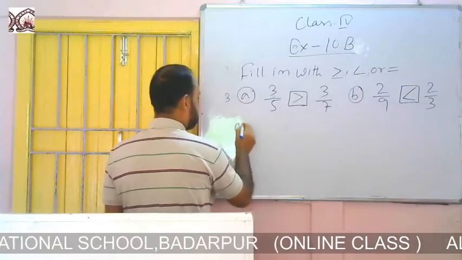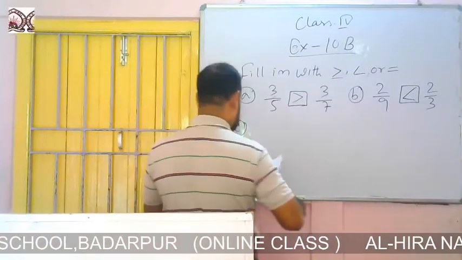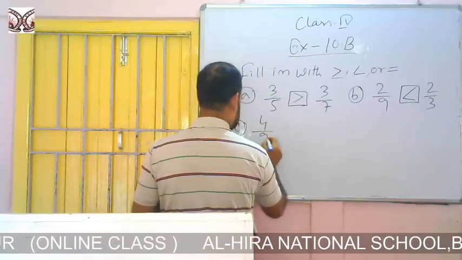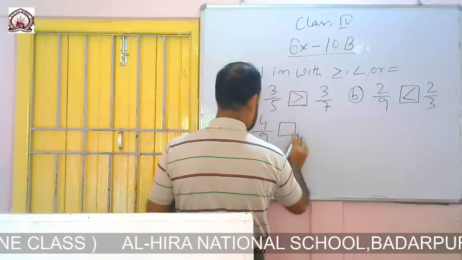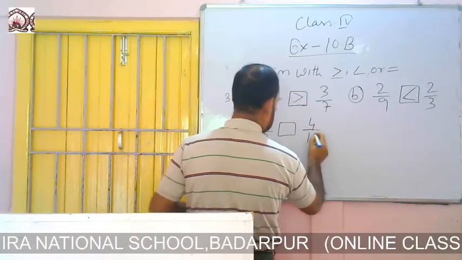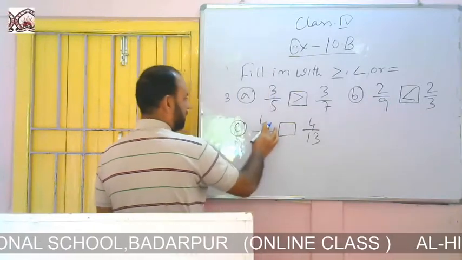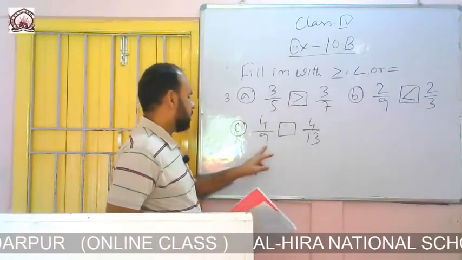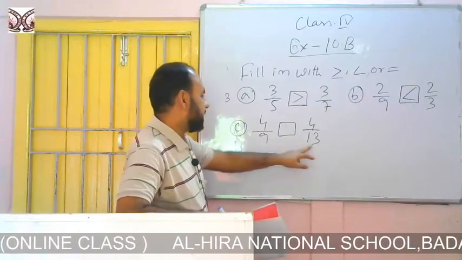Question number C, 4 by 9 and 4 by 13. Same here, the numerator is the same, and the denominators are 9 and 13.